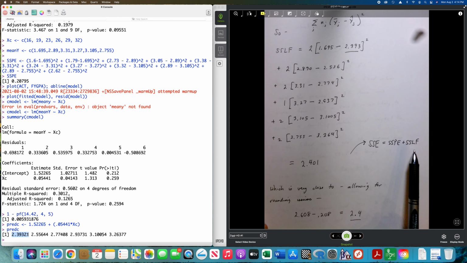The pure error plus the lack of fit is the total sum of squares. And of course, we saw previously that the partial minus the full was 2.4, which matches with what we have right there.